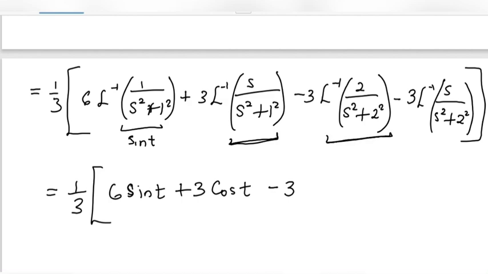Okay, this is just sine 2t and then minus 3 cos 2t.